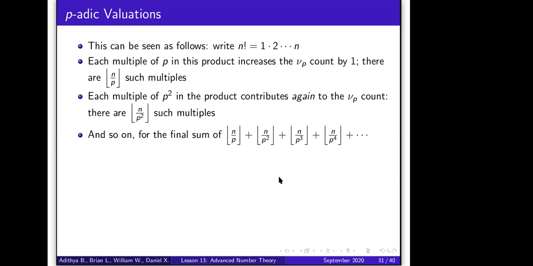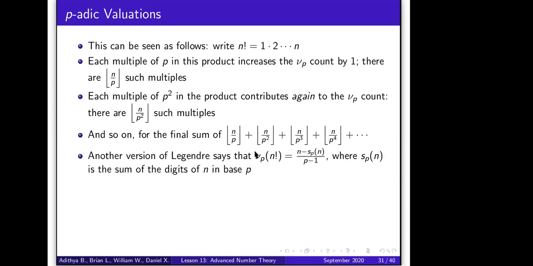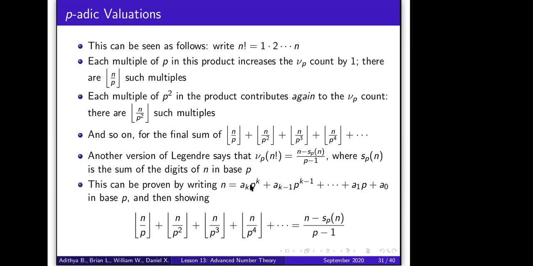So an alternate form for this formula is n minus S_p of n over p minus 1. And we use S_p of n to denote the sum of the digits of n in base p. This is occasionally useful, and you can prove it by writing the base p representation of n, a_k times p to the k, and so on to a_0.